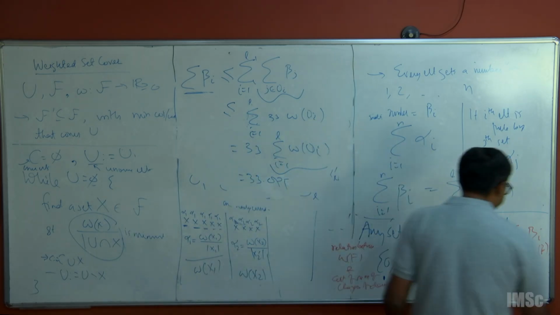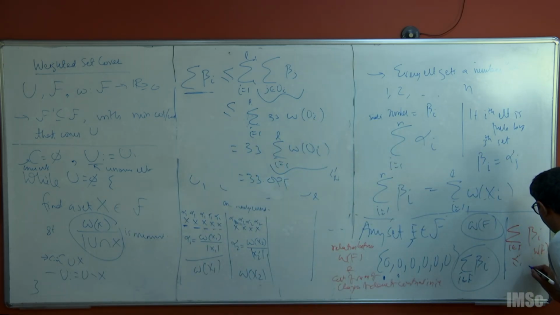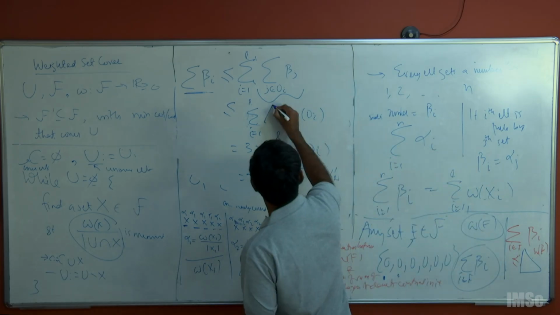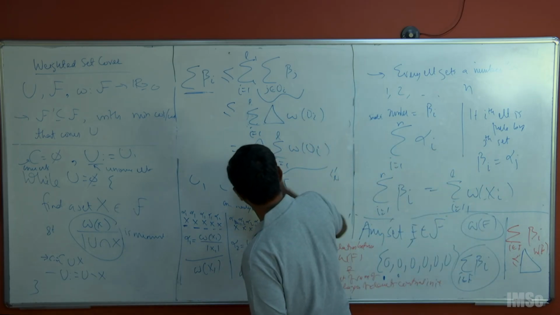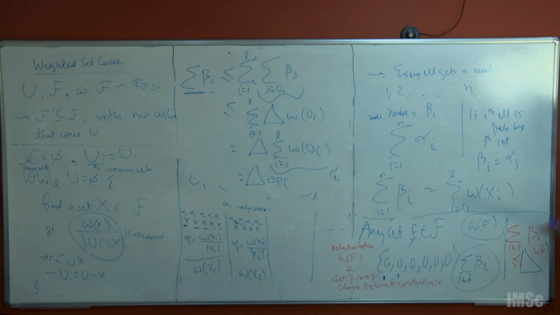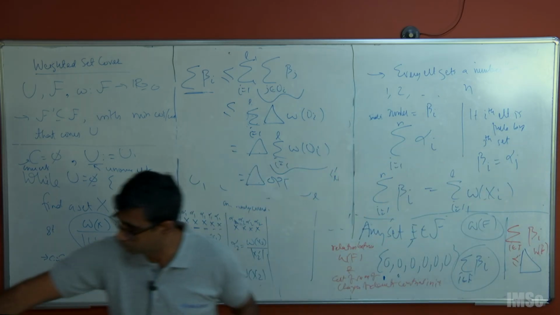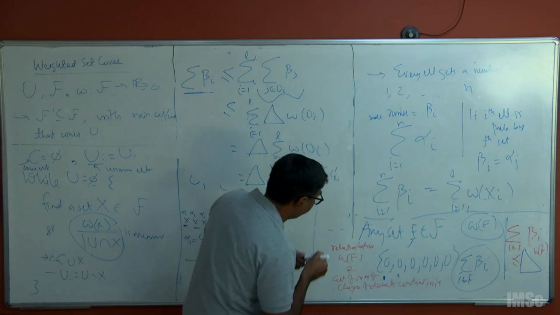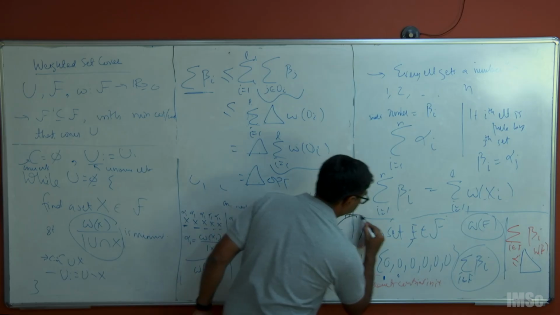So, if this had not been 33, if it had been some capital delta, then this would have led to capital delta. Okay. So, the strategy for most greedy algorithms will remain the same. The difficulty lies in proving this lemma.